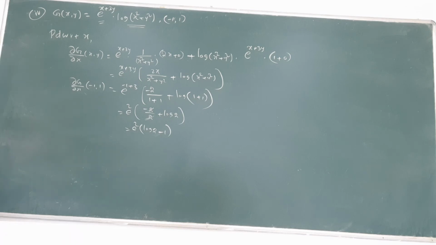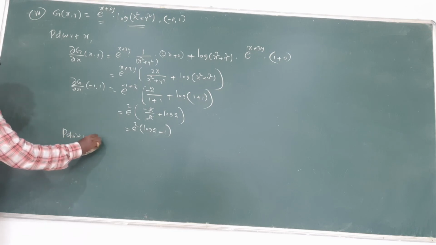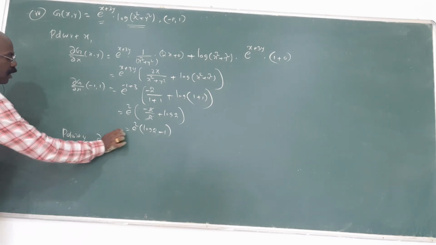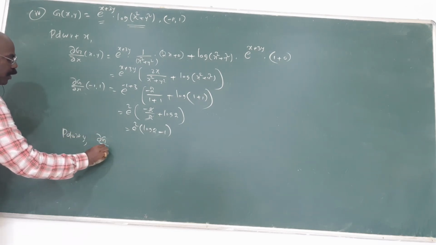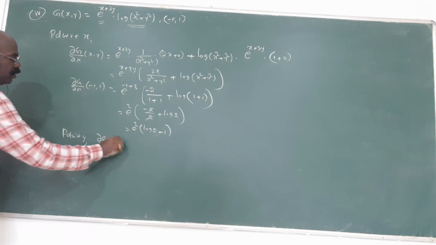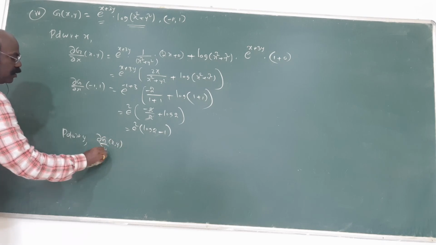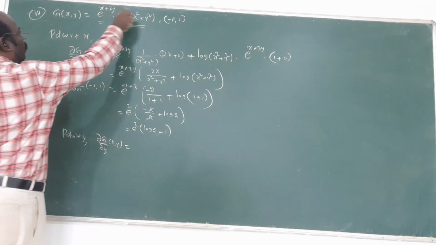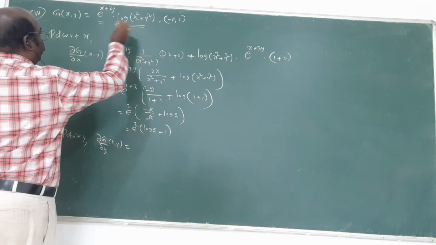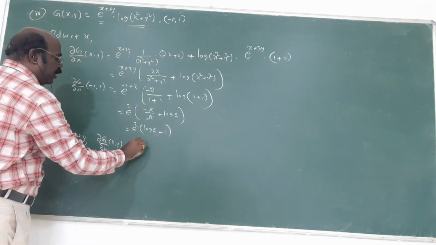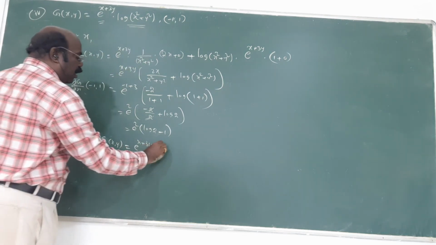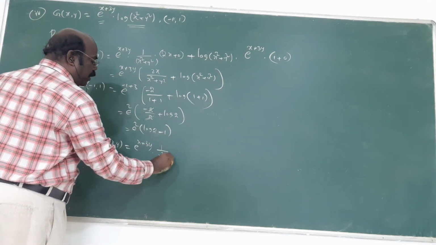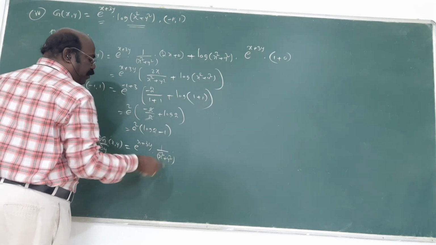Similarly, you will find partial derivative with respect to y. Dou g by dou y of x comma y equal to, here y is involved in both terms. Again the first one: log of something becomes 1 by something into derivative of something.